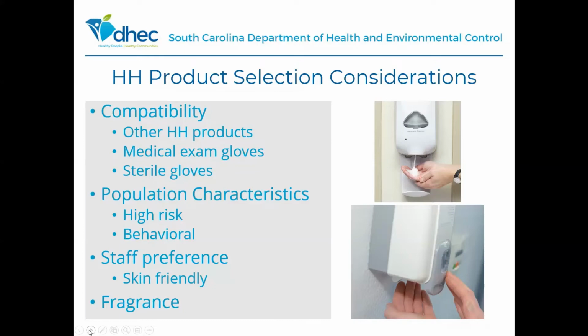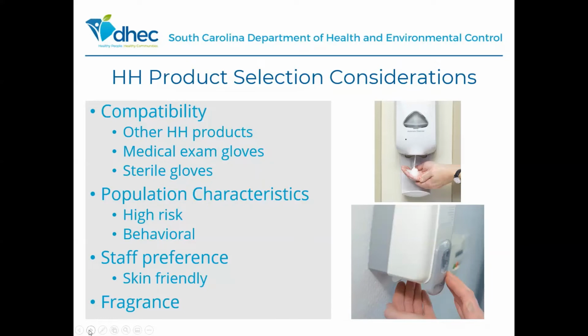You should consider your patient characteristics. Are there any that are high risk where you might need to use a soap maybe that has more antimicrobial properties than just a general soap? What about behavioral, especially when it comes to your alcohol-based hand sanitizer and where you have your locations?